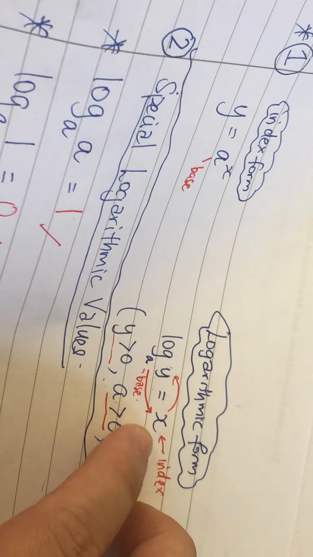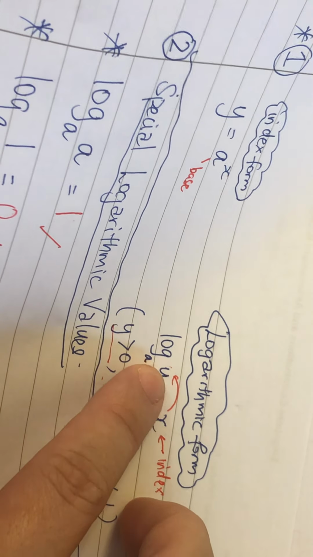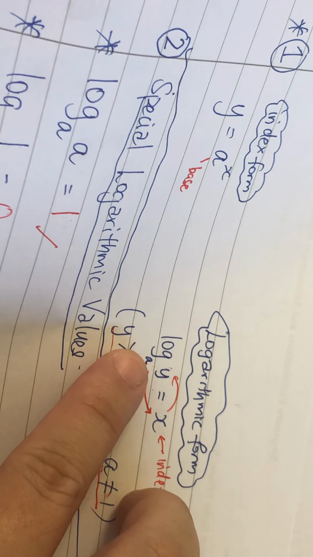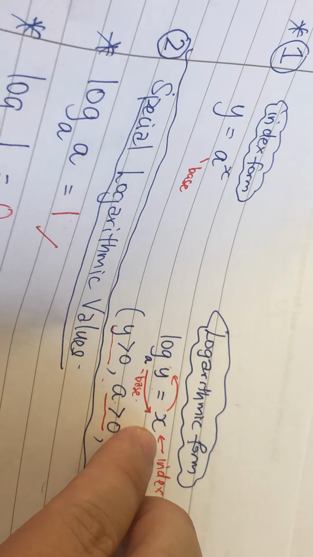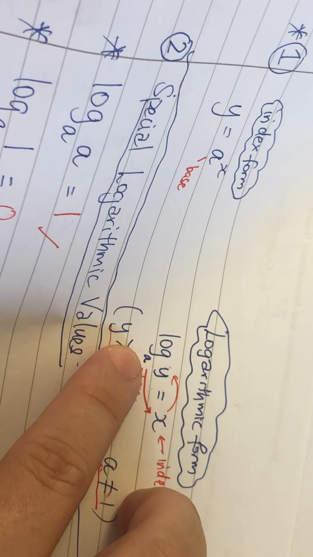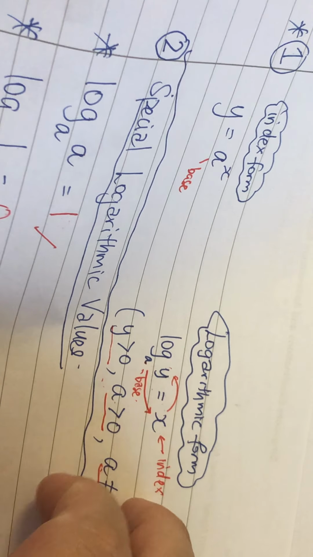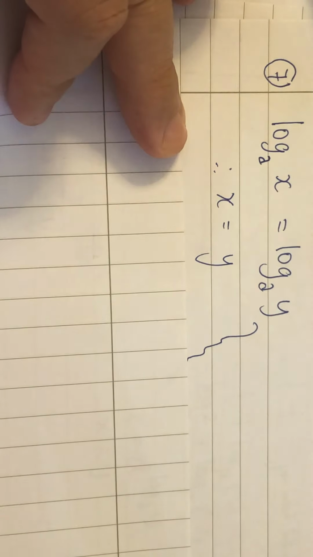this base, this is the power. a to the power x equals y, which means you get this. If I have log of something equals this, I can rewrite it in index form as a to the power x equals y, correct? This is what I want to show you here.